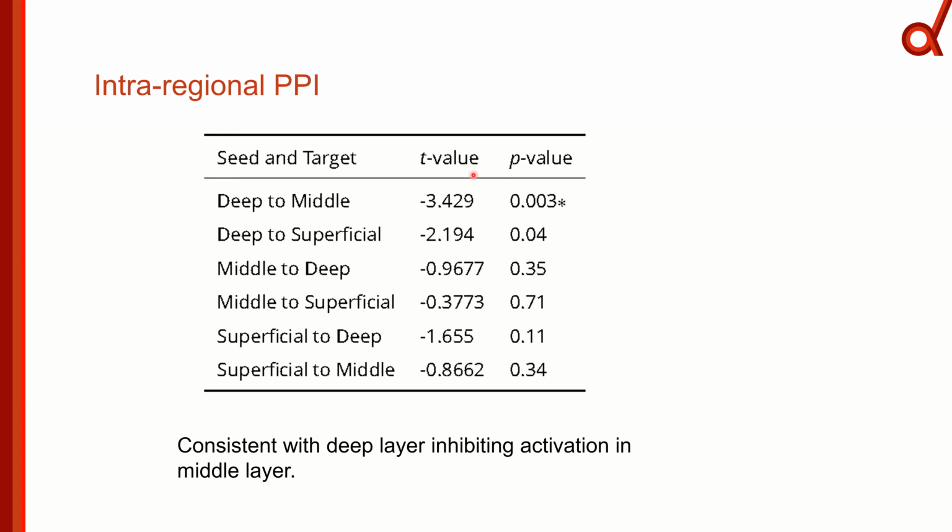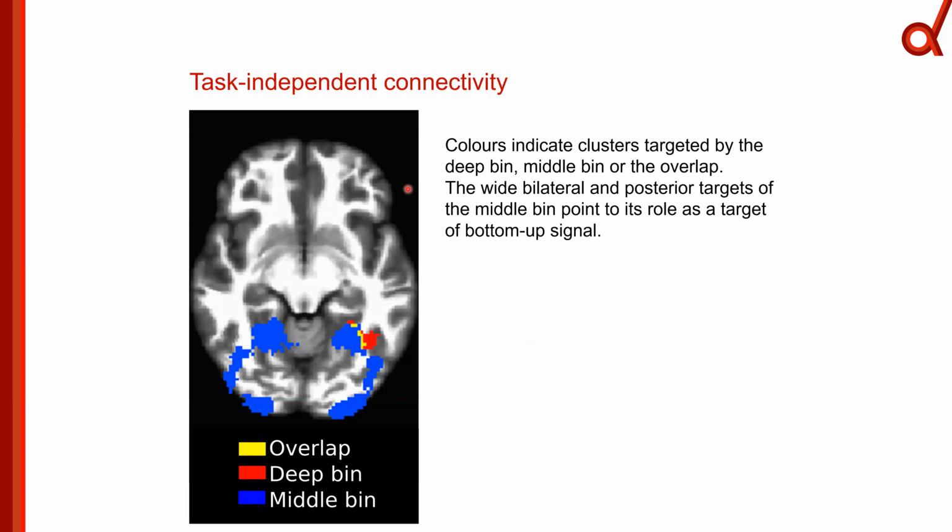And what we found was a significant interaction between the deep and the middle region, which is consistent with the deep layer inhibiting the activation in the other layers when there's a real word compared to a pseudo word. So we're looking at the scenario where we think there is feedback from higher regions coming to the deep layer and inhibiting that response.